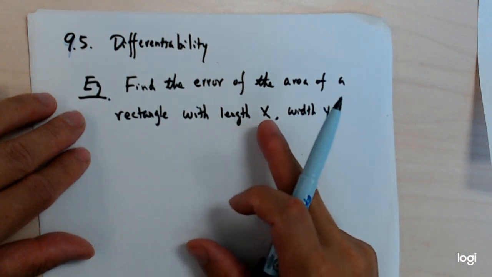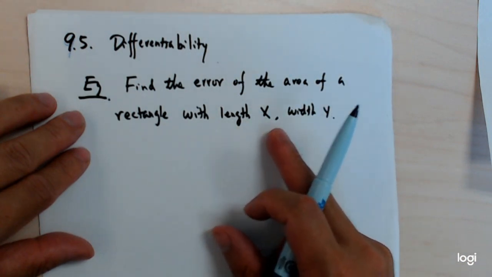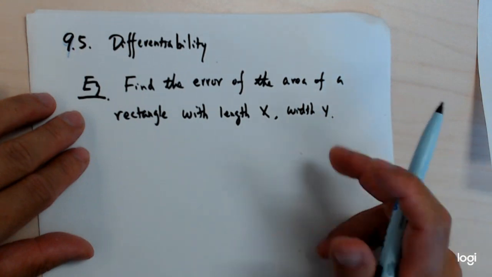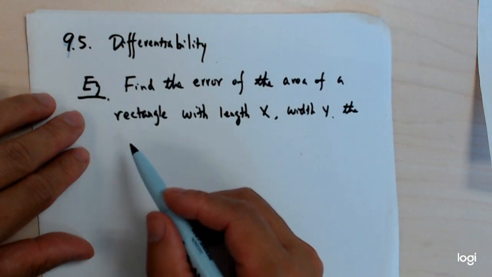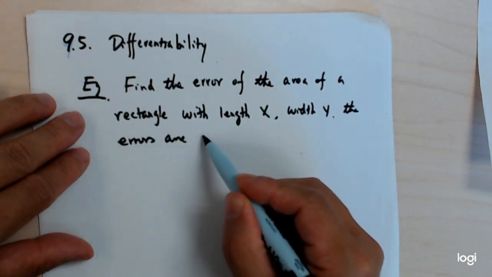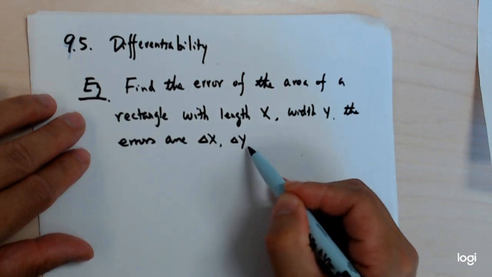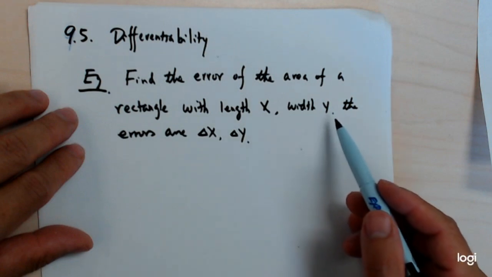When you calculate the area of a rectangle, the length may carry some error and the width may carry some error as well. Let's find out the error of the area, if the errors are delta x and delta y.